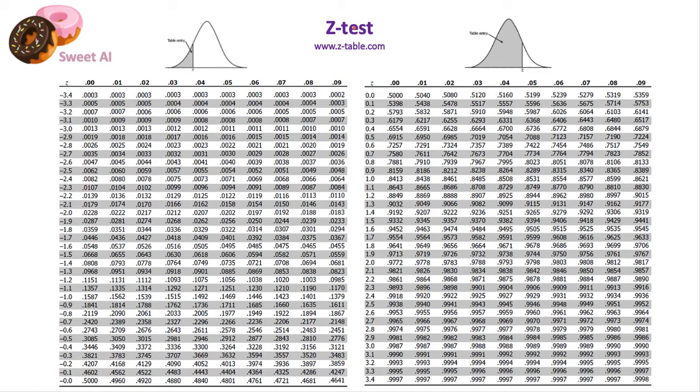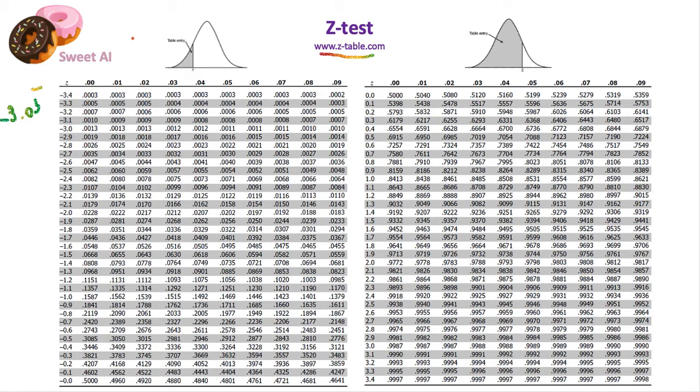This is the z table that you can find on this website as well. The way that we read this table is, let's say we have a z value of 3.05.